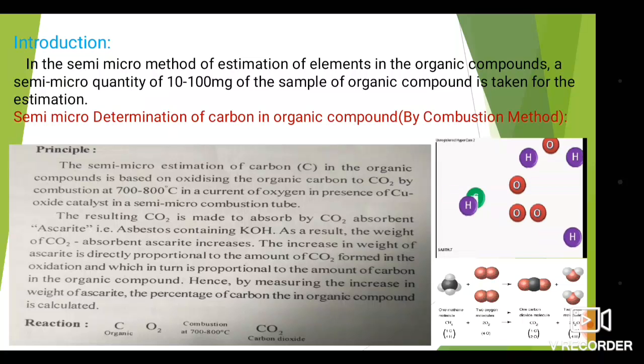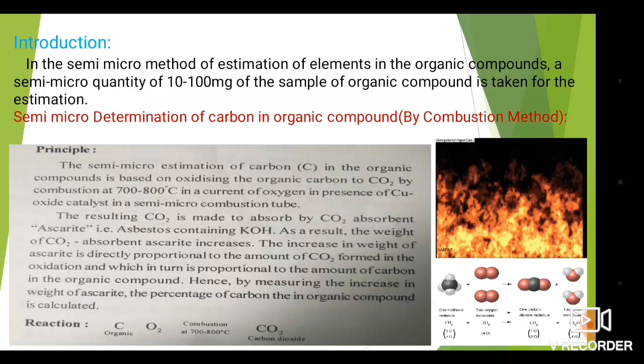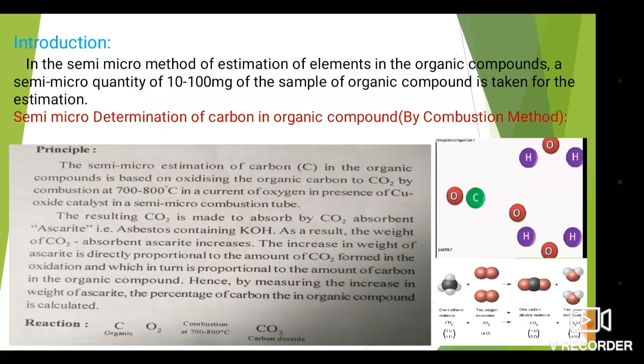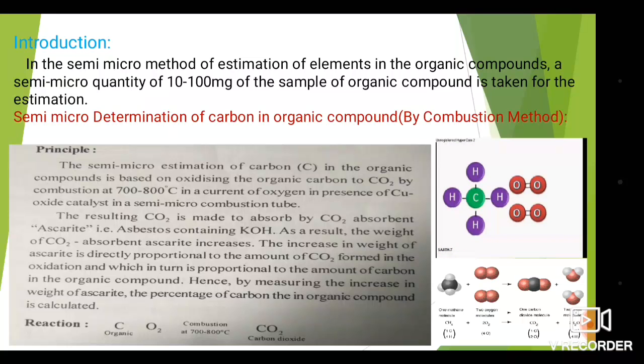Then this increase in weight of the ascarite absorbent is measured at the initial stage and the final stage, that is before combustion and after combustion and absorption of the CO2. The difference between the weights is the amount of CO2, which is directly proportional to the amount of carbon present in the given organic compound.